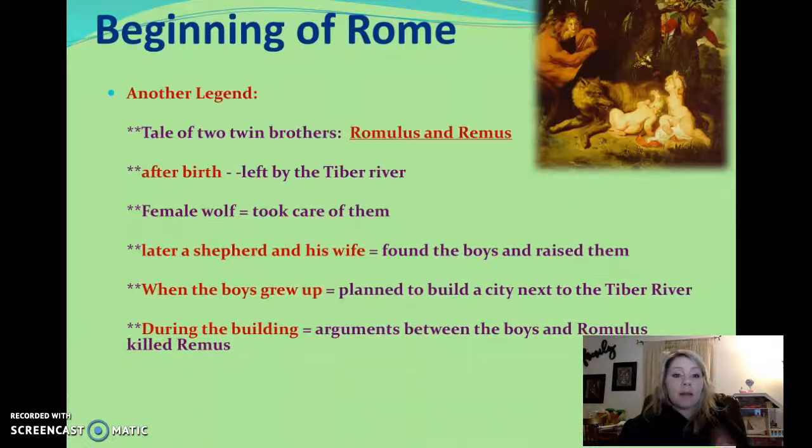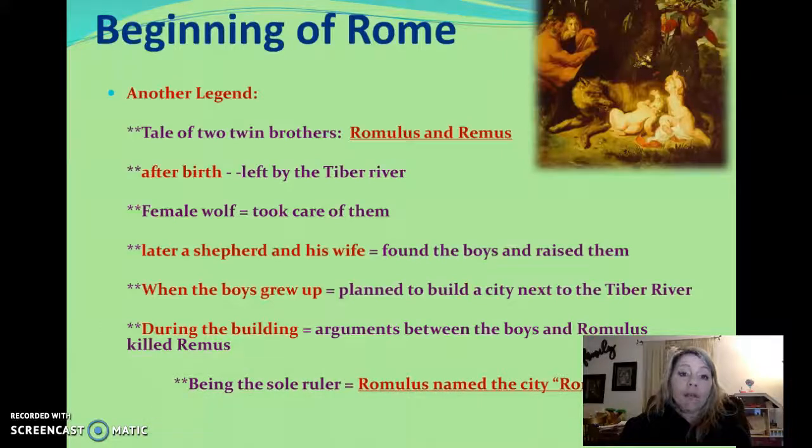As time went on during this building, as brothers do, they argued about those typical things, like who's going to lead, and what's the right way, and who has the better decisions. In these arguments, Romulus and Remus really got heated, and Romulus ends up killing Remus, becoming the leader of the city that he calls Rome after himself.